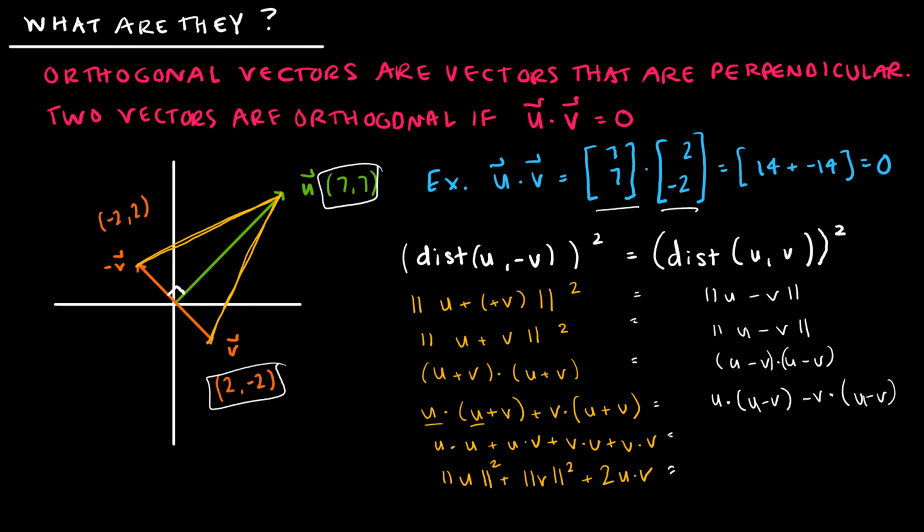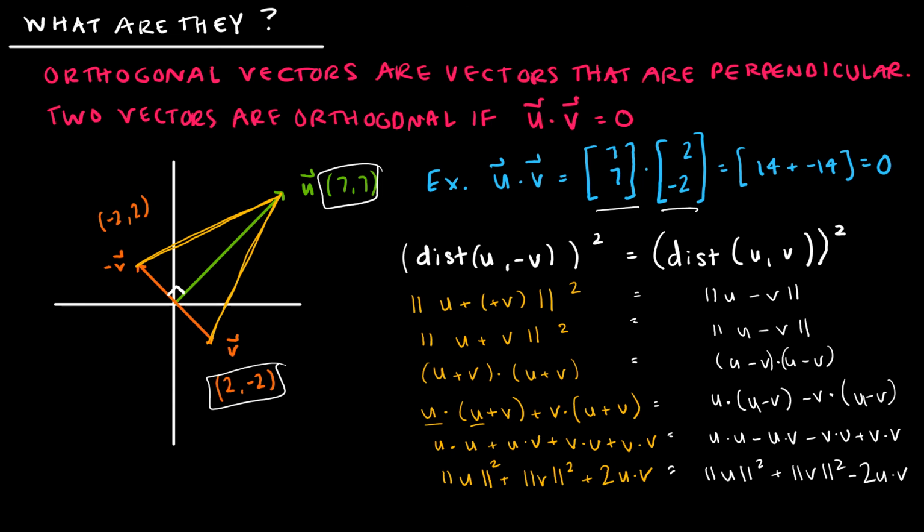And we can see that this is very, very similar. So this is u with the inner product of u, minus u with the inner product of v, minus v inner product u, plus v inner product v. And so as we can see, what's happening is I have the length of u squared plus the length of v squared, and this time I have minus 2 u inner product v.